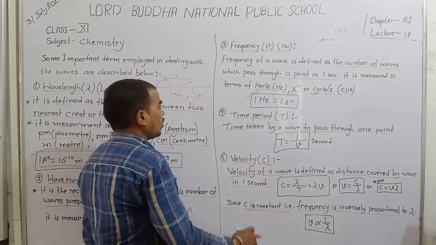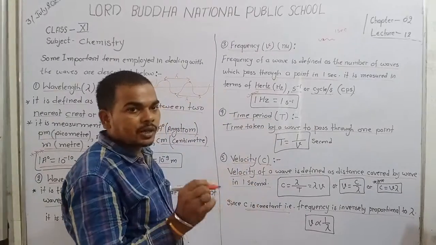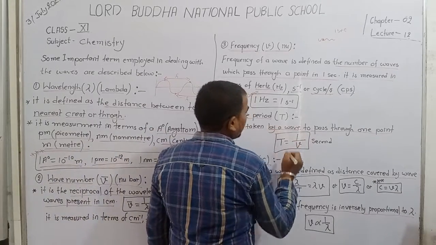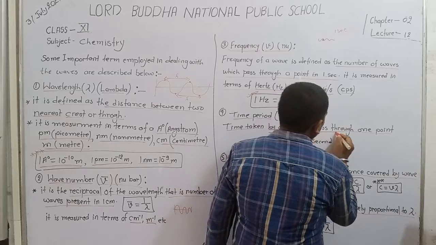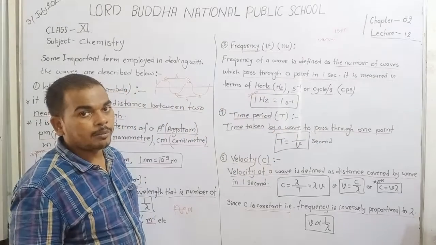Dear student, now discuss time period. Time period is represented by capital T. The time taken by a wave to pass through one point is known as time period.